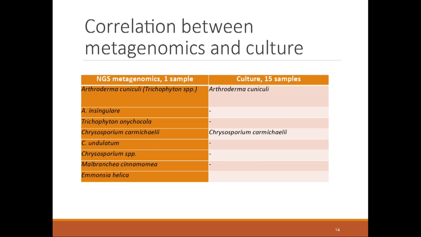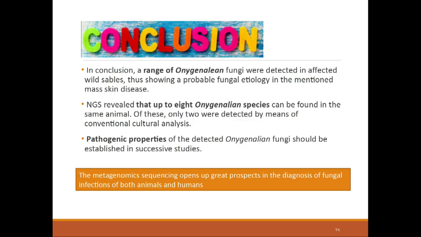But on the other hand, 6 other Onygenalean species detected by metagenomic were not isolated in culture. And we should remember, of course, that only 1 sample was analyzed by metagenomic, so our findings should be confirmed in future studies, of course. And next slide, please.